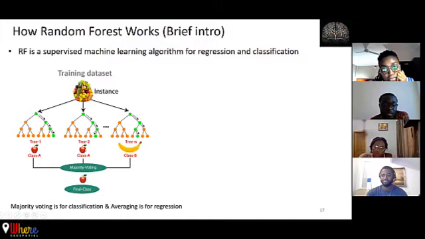And then it does the same for another tree, and on and on. It can create as many trees as, say, even more than 500 trees. When random forest is dealing with classification, it just finds the majority vote. But when it is dealing with regression, then it will find the average of all the trees.